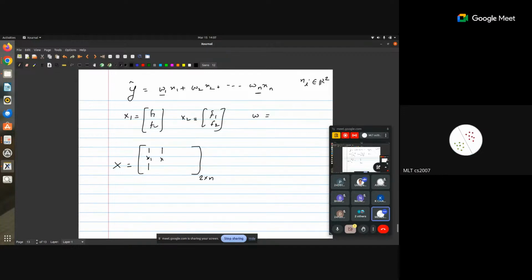This vector is x1, this is x2, and how many vectors are we having? N vectors. Then you should have this w as, can I say, w1, w2 up to wn. Fine. So this can be an n cross 1 vector. I hope this is fine.